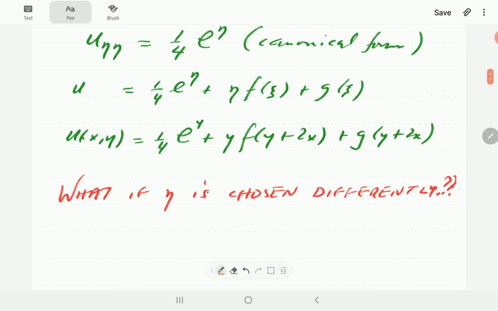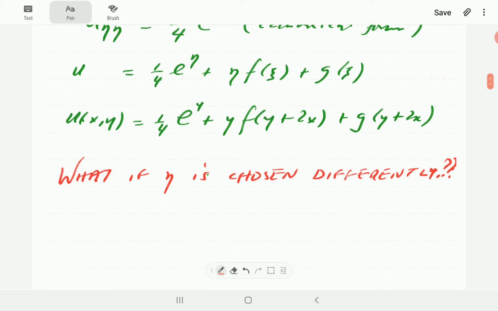Then in the last video, we posed the question, what if this eta is chosen differently, because we said it can be chosen to be anything. So in this video, we're going to show you two cases of different choices of eta.